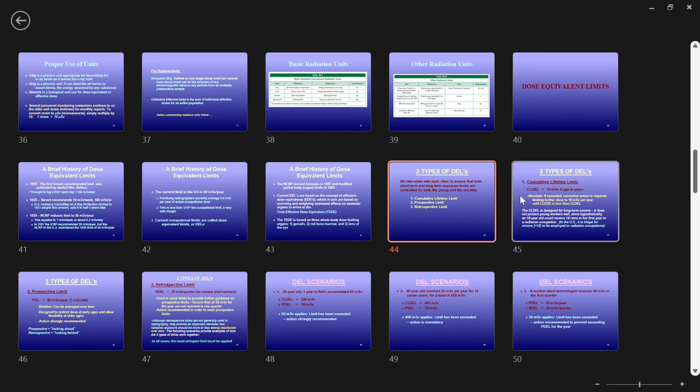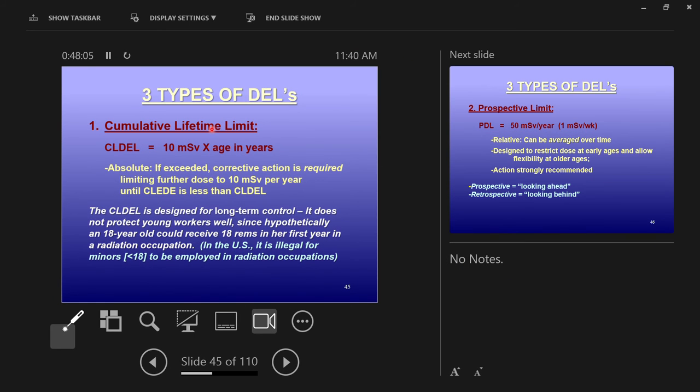Okay, let's take a look at these 3, starting with the first one, cumulative lifetime limit, often just referred to as your lifetime dose. So take your age in years, multiply by 10 millisieverts. That's 10 millisieverts times your age in years.